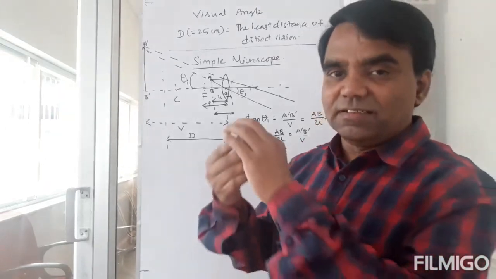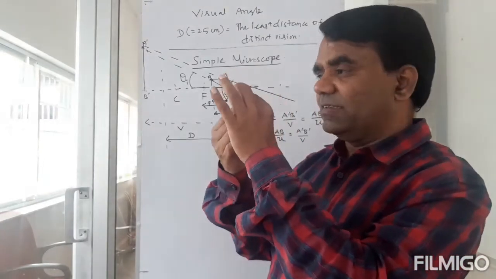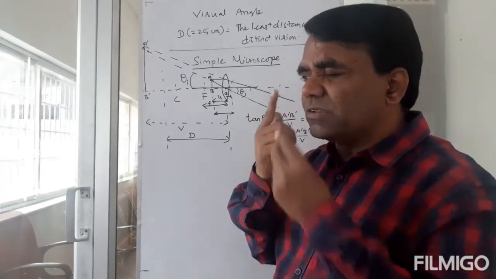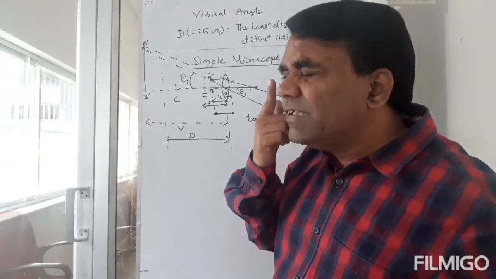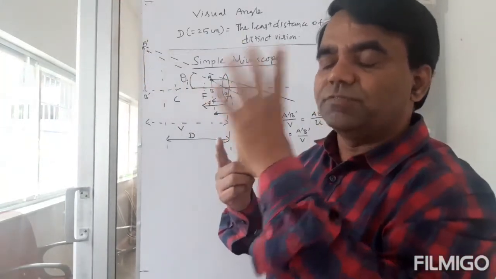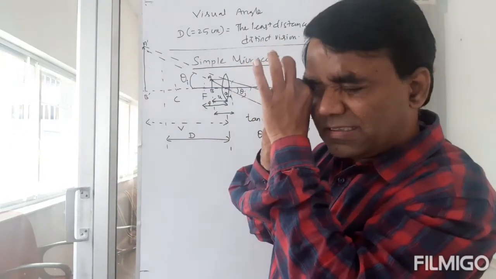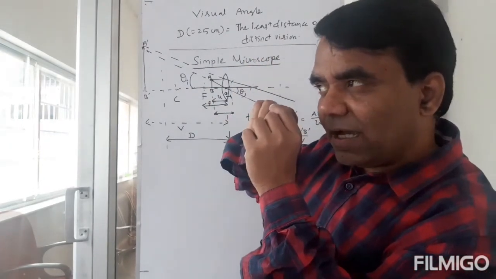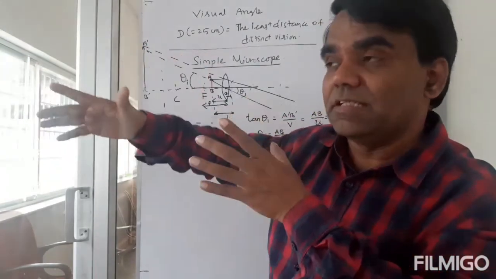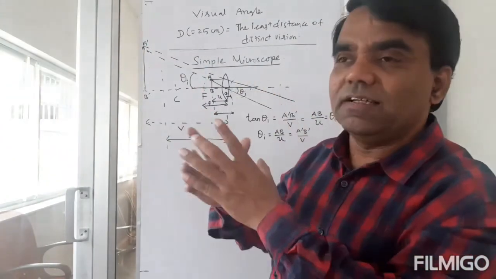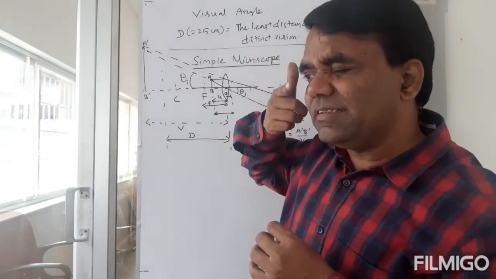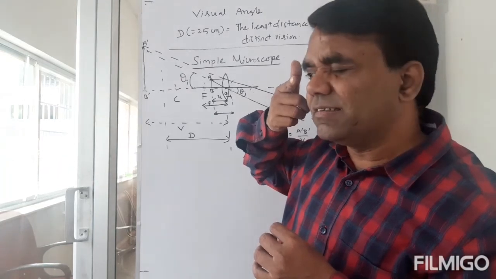So the better the lens, for example, the more powerful the lens is, then I can bring it closer and closer and closer. I can even keep it very close. If I have a more powerful lens that takes this and forms an image at 25 centimeters or beyond, then I will be able to see this even at this distance.